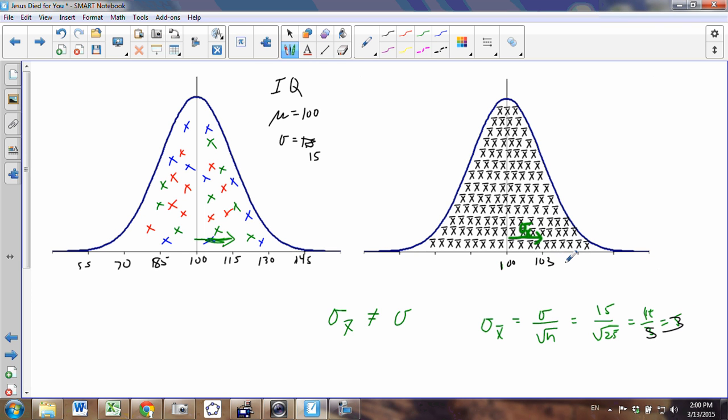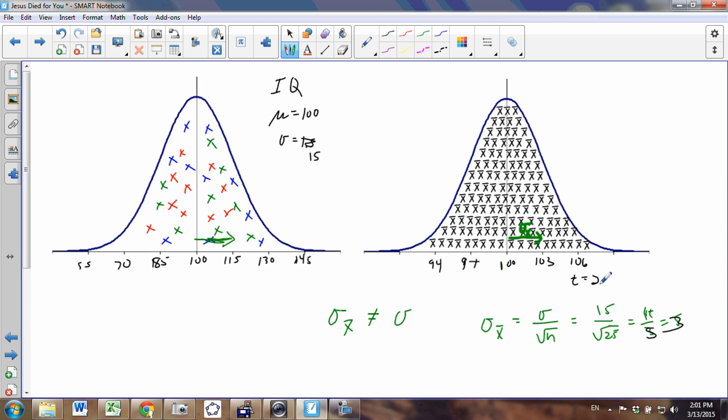So 103, 106, 97, 94. So in other words, if taking a sample of 25 people having a sample mean of 106, that would be 2 degrees of unusualness.